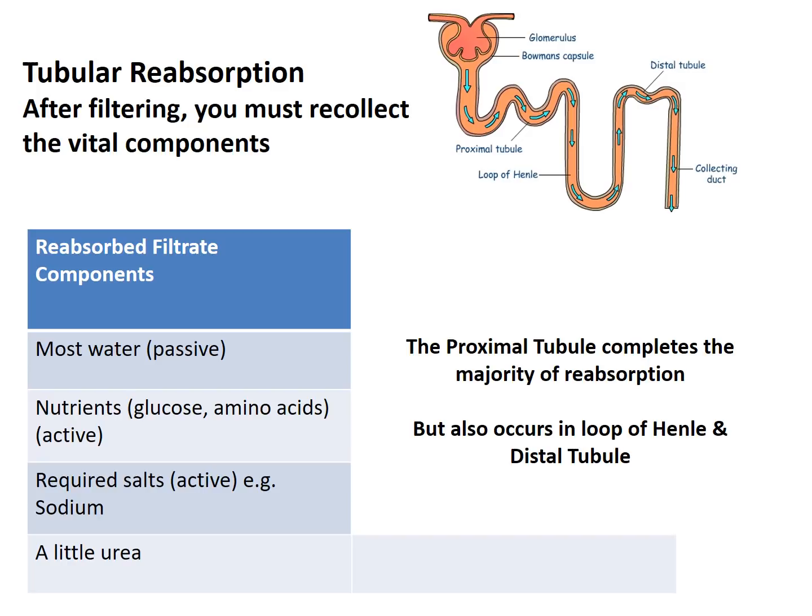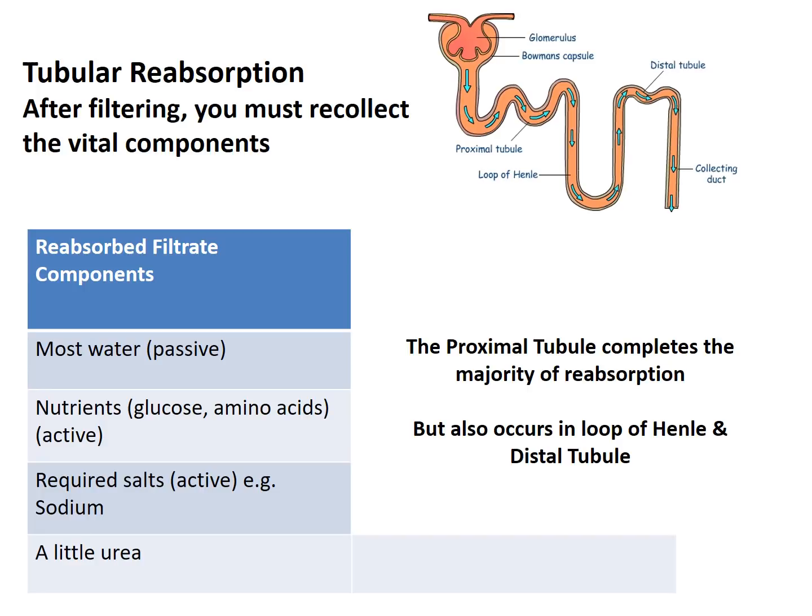Some of the products which we filter, we need back in the body, so we reabsorb. And reabsorption is the function of the tubules and the loop of Henle. We filter a lot of water and electrolytes and small nutrients, and most of that we get right back. Water, nutrients such as glucose and amino acids, most of our salts and electrolytes, and a little bit of the urea, we will reabsorb right back in the bloodstream.